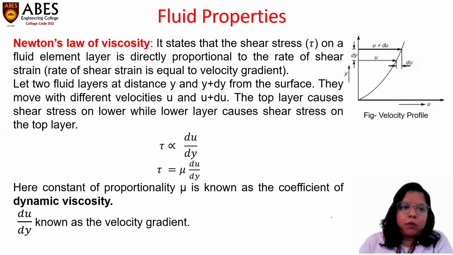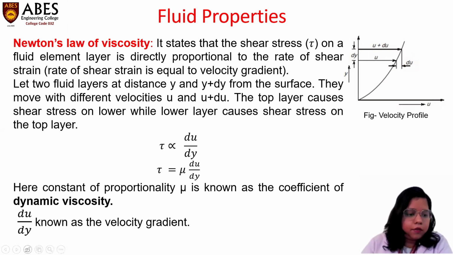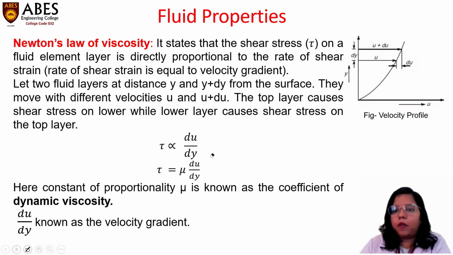When we are discussing viscosity, there is a law, which is Newton's law of viscosity. It states that the shear stress on a fluid element layer is directly proportional to the rate of shear strain, and this rate of shear strain is equal to the velocity gradient. Suppose there are two fluid layers at a distance y and y plus dy.